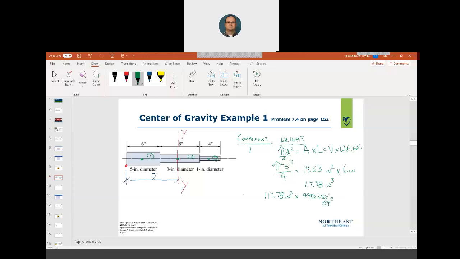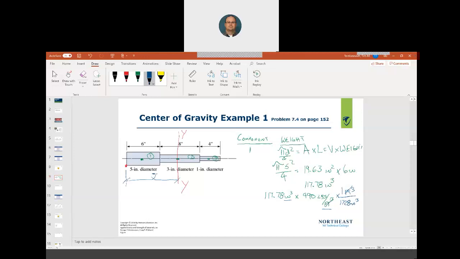However, if I look here, I have cubic inches here and cubic feet here. So I need to convert this into cubic inches. So 1 cubic foot equals 1728 cubic inches. How do I figure that out? I take 12 times 12 times 12.